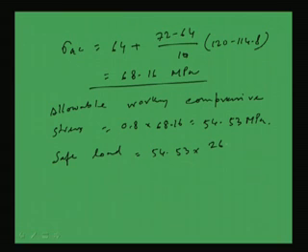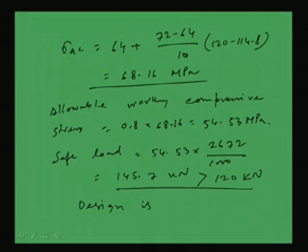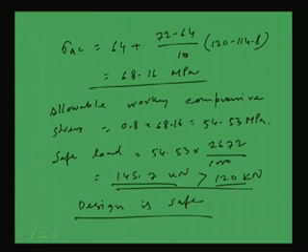Area of the combined section is 2672, and now I am making it kilonewton. So, this is becoming 145.7 kilonewton, which is greater than 120 kilonewton. So, the design is safe. The applied load was 120 kilonewton and the section can carry 145.7 kilonewton. So, in this way it is safe.